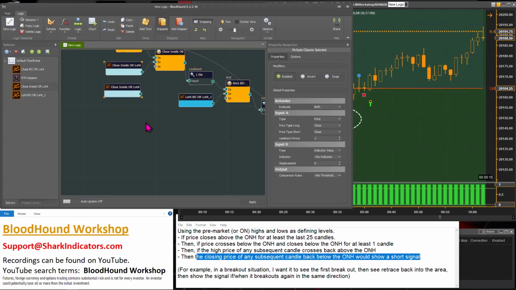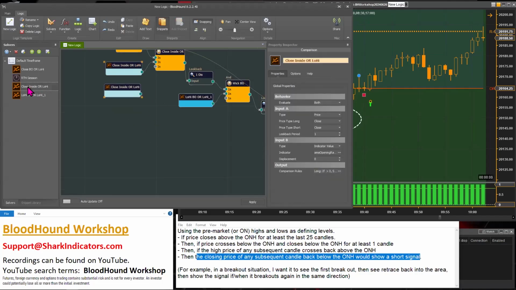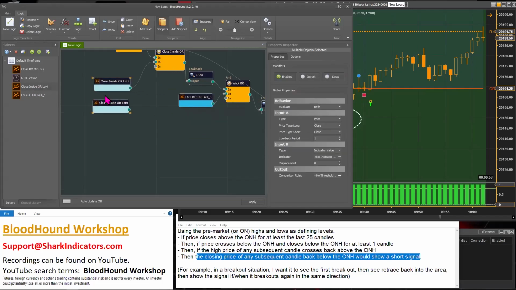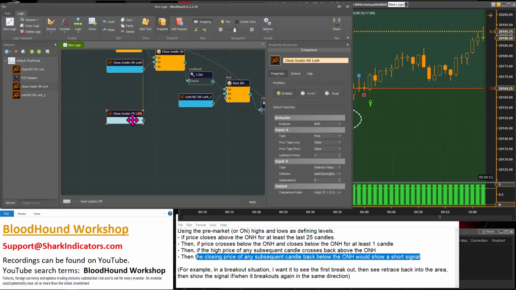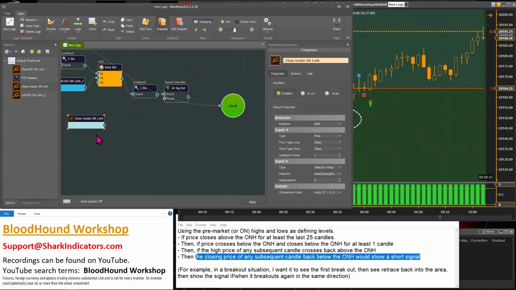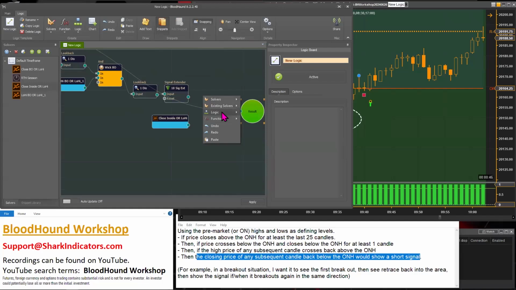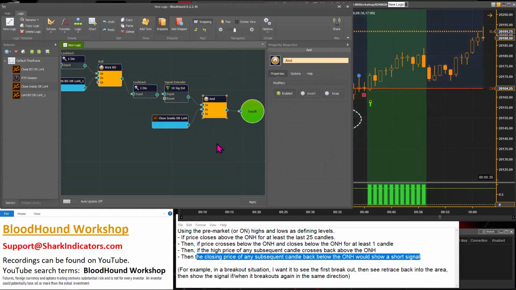Visually on the workboard it's two nodes, but it's only one functioning, calculating node within the system. So they're both this node here. I can take one of these, move it down here where I need it, and then I can grab an AND node. And there we have it.